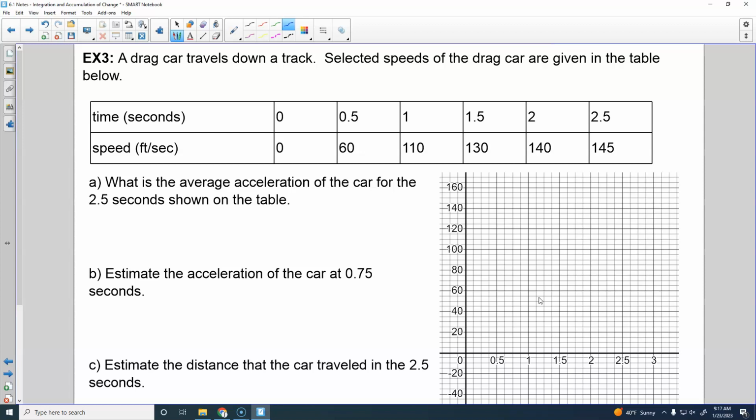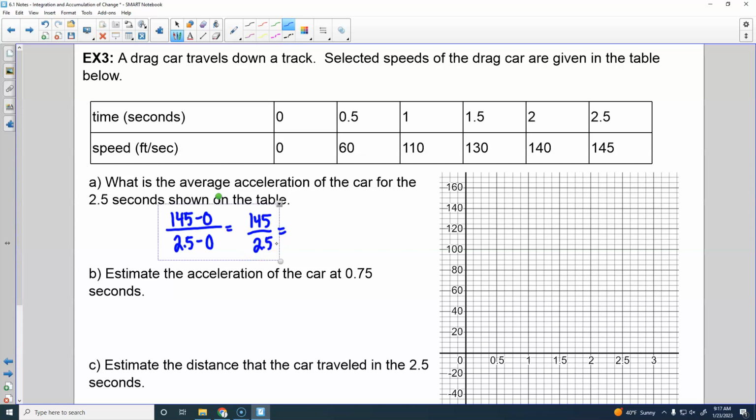Since we are not looking at derivative at a specific point, we're looking at over an interval from 0 to 2.5 seconds. What do I have to do to find that rate? Good. Slope formula, y2 minus y1 over x2 minus x1. So I would do 145 minus 0 over 2.5 minus 0. So 145 over 2.5.